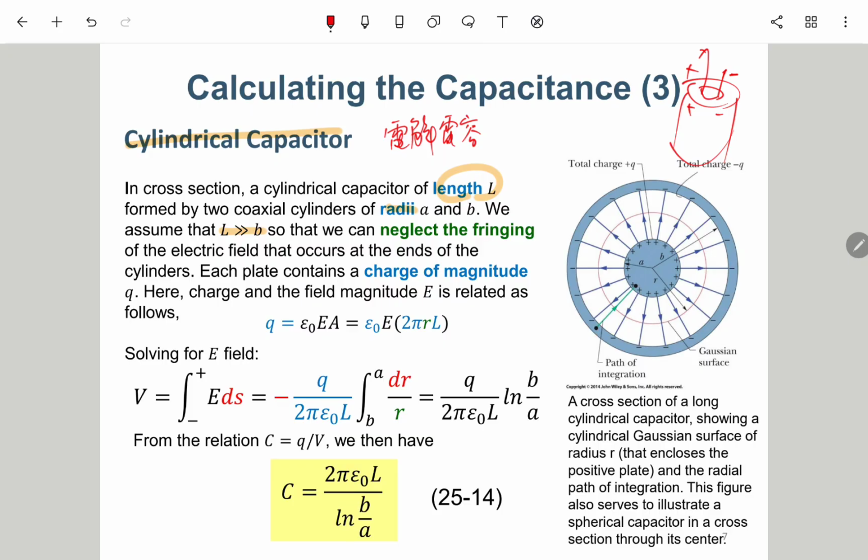If you try to look at the cylindrical capacitor on your motherboard, you cannot see what is really inside. It is packed well, because you don't want to touch what is really inside. But actually there should be an inner cylinder and an outer cylinder. The inner cylinder has a radius a, the outer cylinder has a radius b.